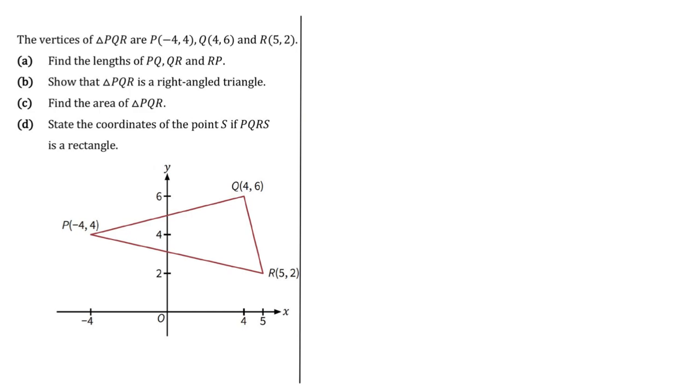For part A, we are given all the points. So all I have to do is simply, for PQ, apply the formula where this will be my x1, y1, this will be my x2, y2.